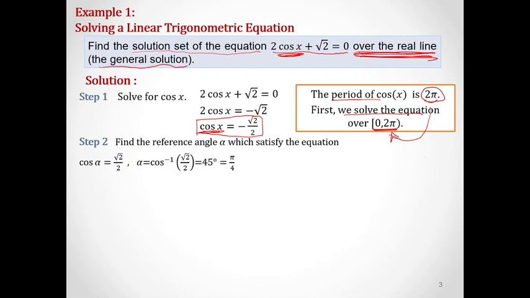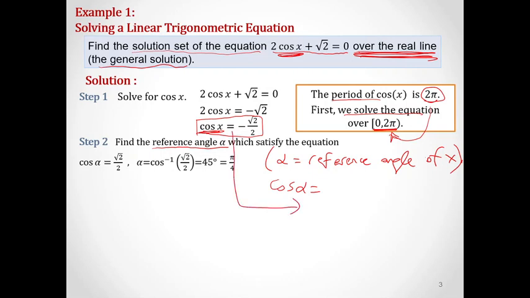So we will find the reference angle which satisfies cosine equal to square root 2 over 2. This alpha here is the reference angle of x. If this is the reference angle, it will have this property, cosine alpha equal to square root 2 over 2.